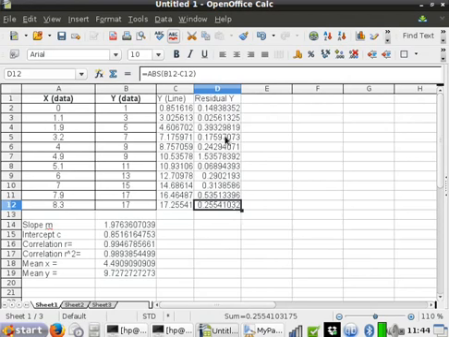Now quickly look here. Which is the biggest residual? This one here. Now if you look at your graph, is there a point in the middle of the graph that is very far from the line? Yeah, there is. That is the one with the biggest residual.